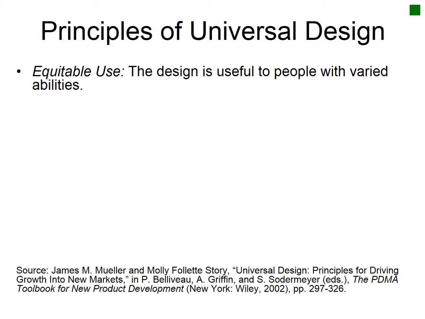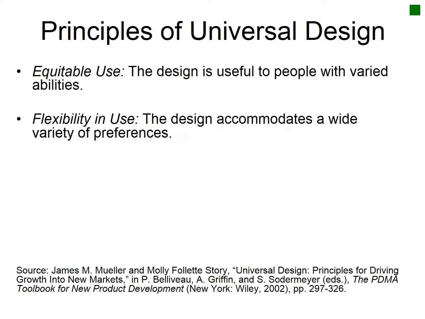Think about people who have handicaps or who are impaired in some way, people who have difficulty maneuvering, people in different cultures, people who speak foreign languages. We want the product to be usable by people of varied abilities, so that it's transferable to lots of folks.